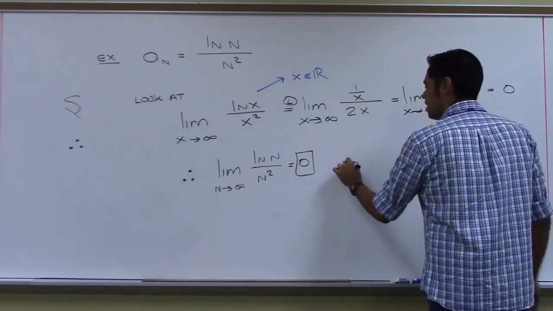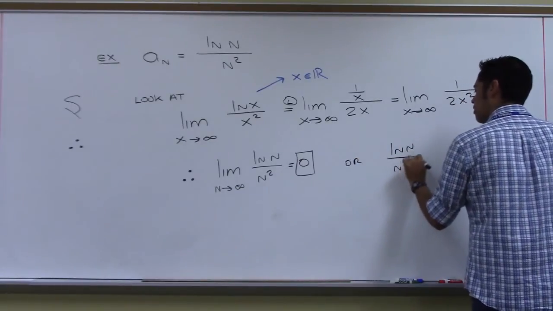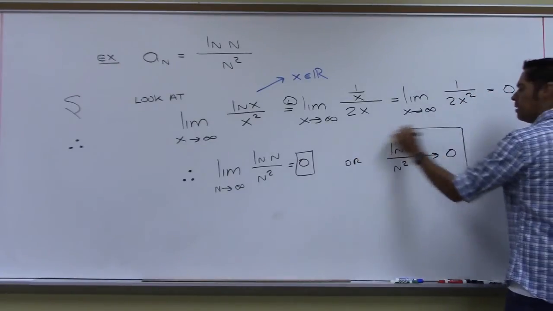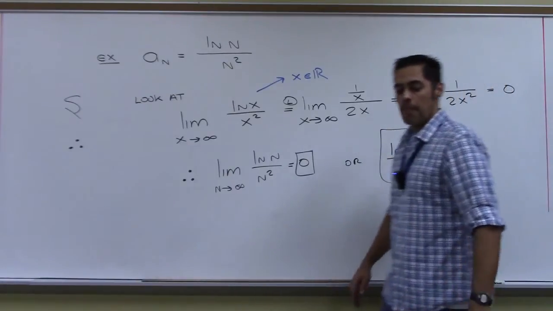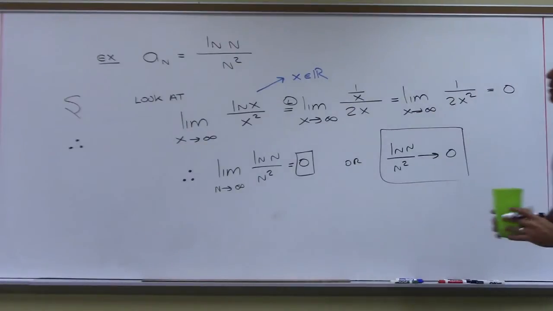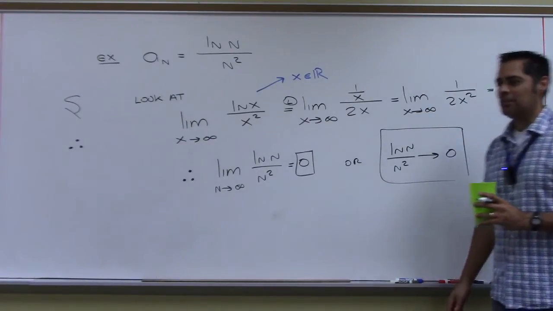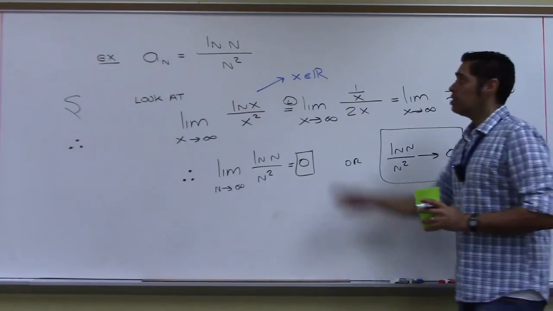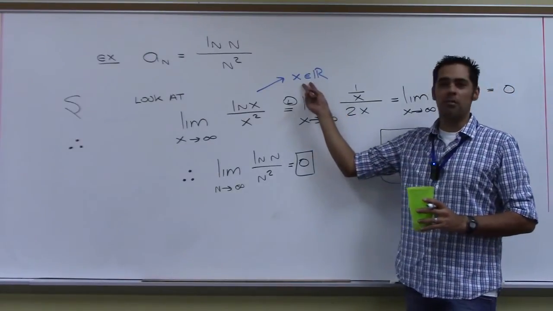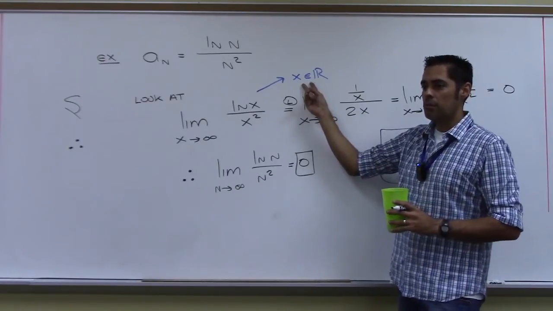You could have written, instead of this, natural log n over n squared goes to 0. Yes, put in the conditional that x is a member of all real numbers. Pardon me? Do you have to put that x as an element of all real numbers? Ron, I'm going to cut you slack because you're not feeling well, but I already answered that question. Do you have to write this? No. In the answer. No. You mean over here?